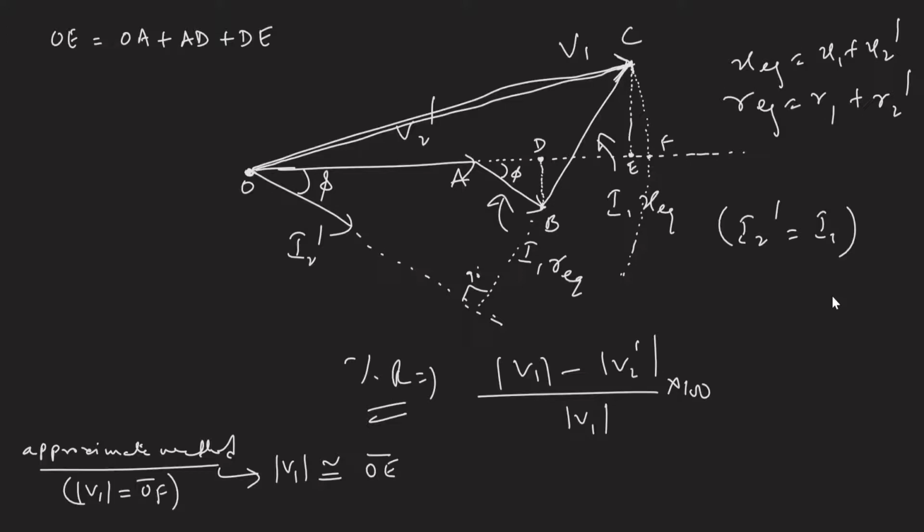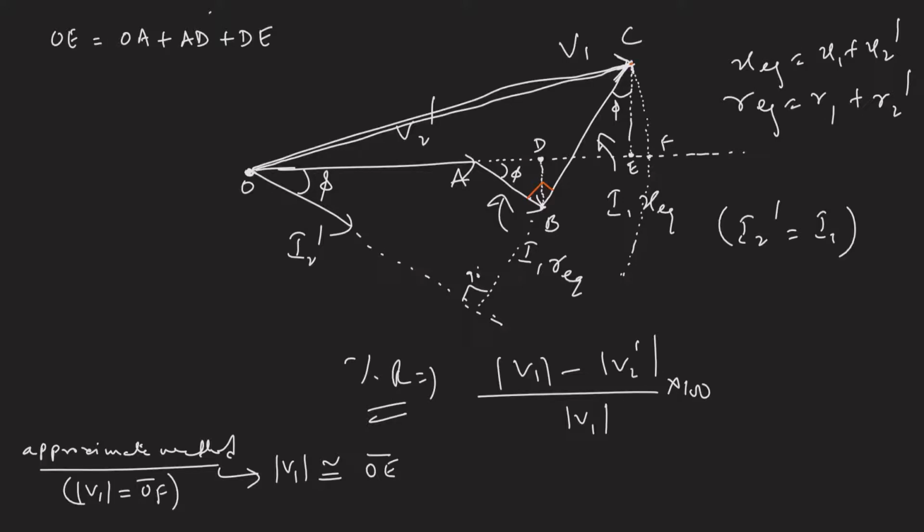Now this also makes angle phi, and this also makes angle phi, because they are 90 degrees. If this makes phi, then the tip C also makes phi with respect to the vertical line, right?